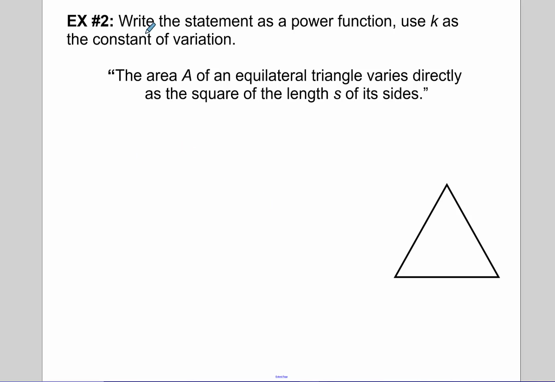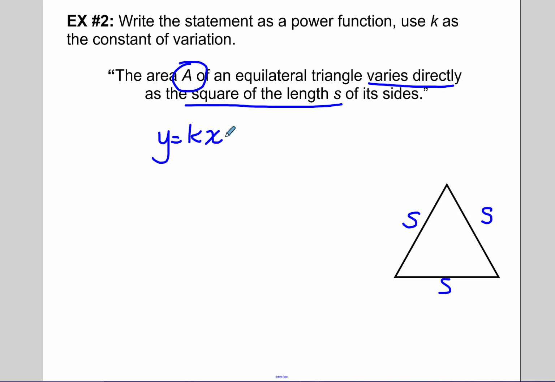Here we're going to take a statement like the area of an equilateral triangle varies directly as the square of the length s of its sides. You know, varies directly is an algebra term that you've seen often, like y equals kx. But we've got to convert that language to a for area and s for side.